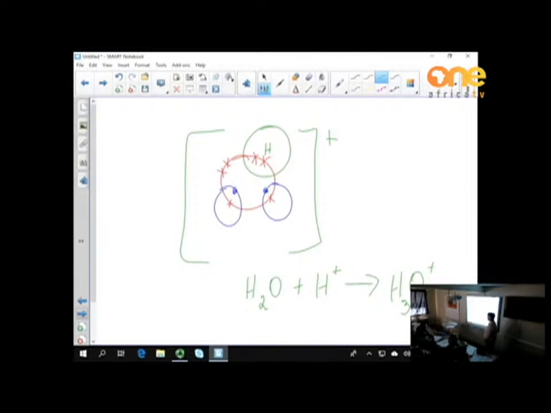Okay, so please just take note, that is the hydronium ion that they talk about. And I want to stop at that point because the next thing is the molecular shapes.